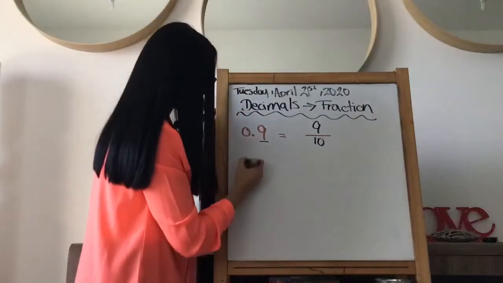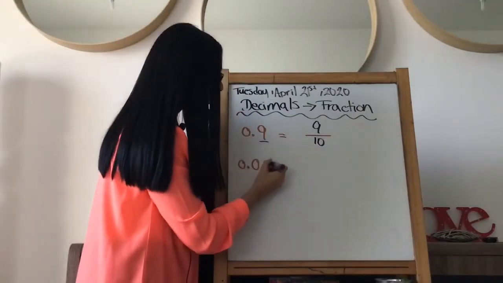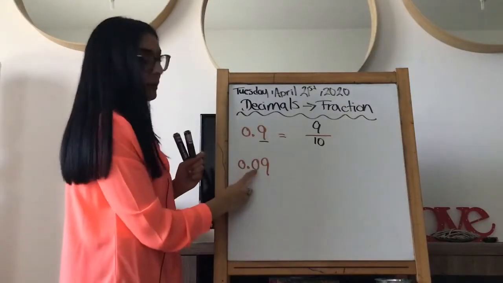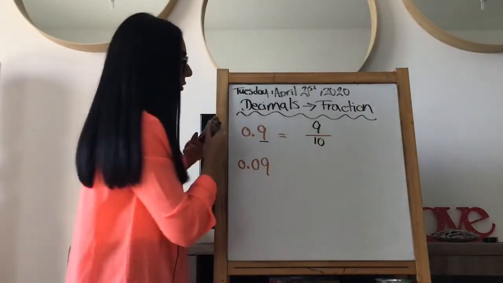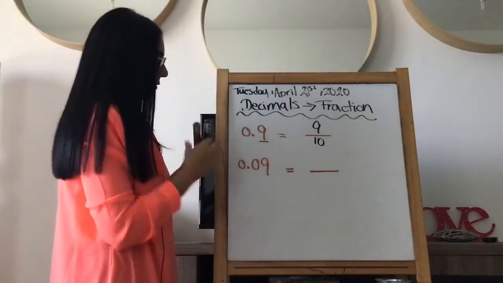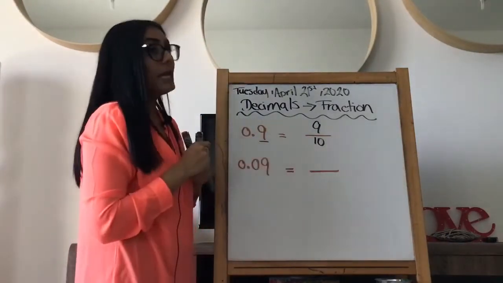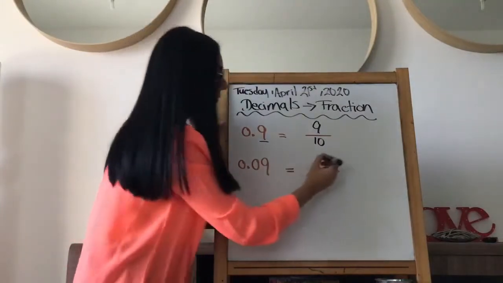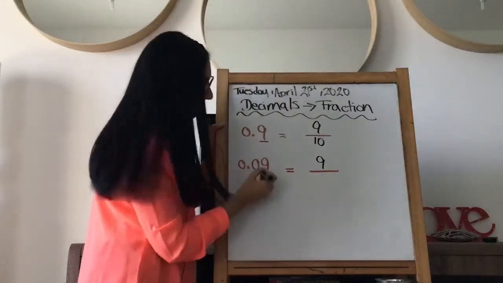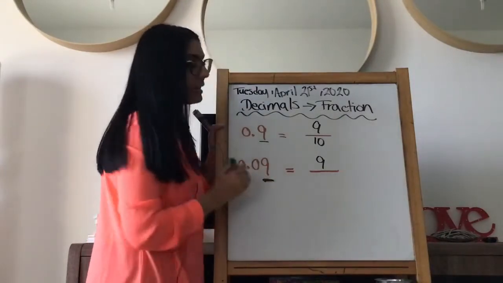Let's use the same example, and I'm doing this on purpose. 0.09. Now, very similar, but now I've got an extra place value. So it's going to be the same thing. Again, let me set up my fraction. Same thing, I'm going to take my number. My number is still 9. Same numerator. But what place value is the 9 in now?